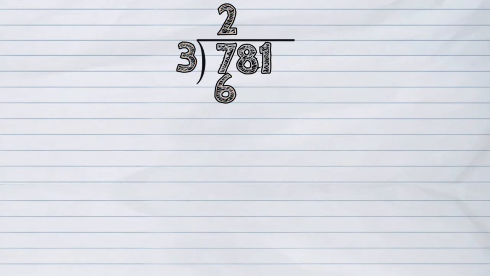In this case, it will be 7 minus 6. The answer is 1. The fourth step here is to bring down the next number from the dividend, which is 8 tenths. We write 8 next to digit 1, making the number 18.